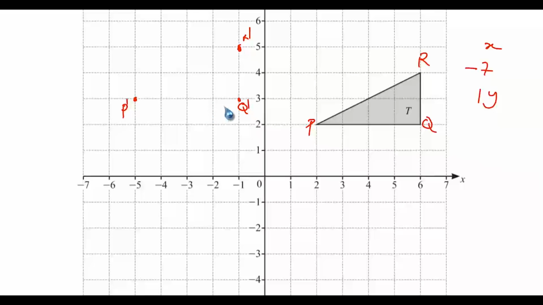Then the last thing we need to do is to join the points together. So starting from P prime, you can draw like this. Then you draw like this, and finally you join P prime to Q prime. So that will be the image, and we are asked to name this image K. So I'll put K here. We are done with the first instruction.